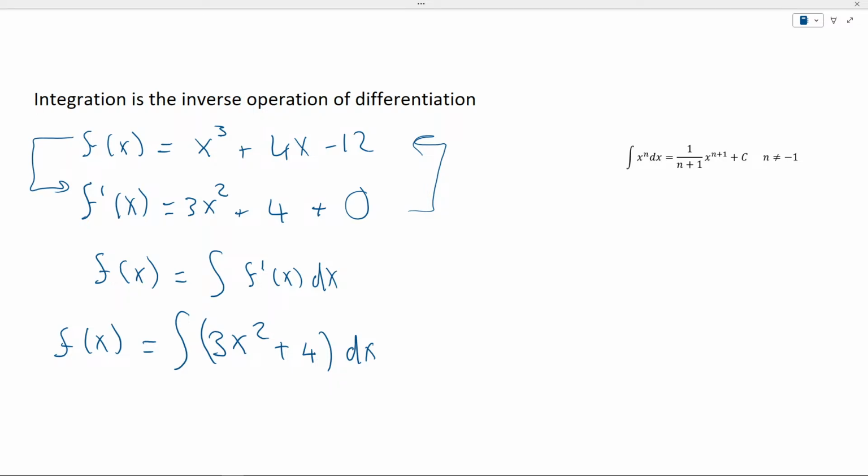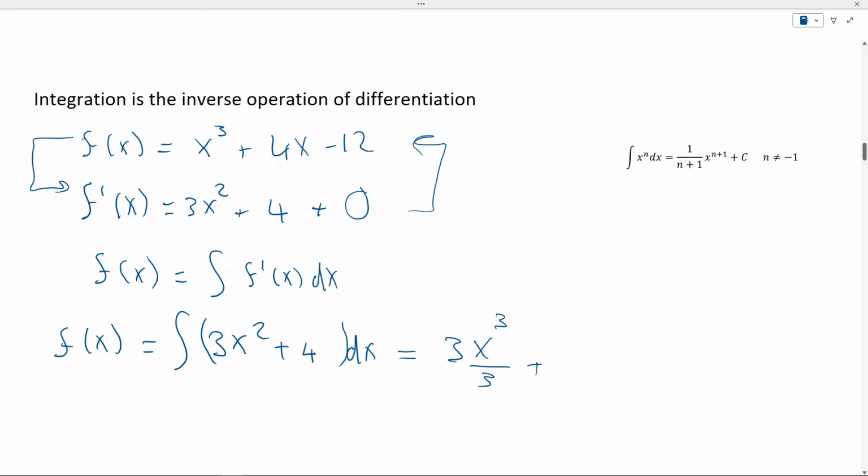So what is the antiderivative? To differentiate, you multiply by the power and subtract 1. To integrate, guess what you're going to do? You will add 1 to the power and then divide by the new power. That's how you integrate.